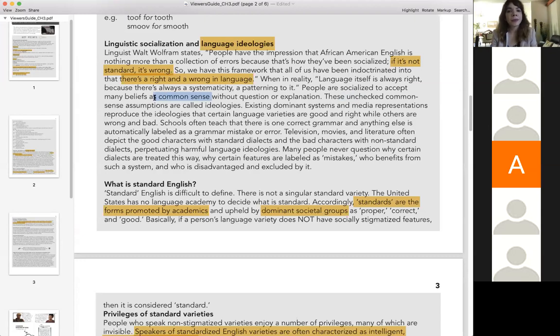So a lot of the times people say, no, porque el idioma, porque sale en la escuela, en los libros, because that's the most logical one. That's the one that most people will understand. Not really. There's nothing that makes a language simpler than another language, nada lógico. It's all ideologies. So these unchecked common sense assumptions are called ideologies.